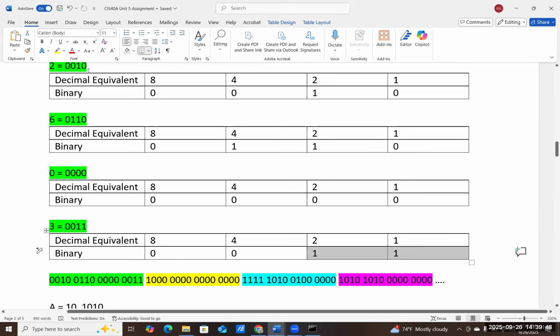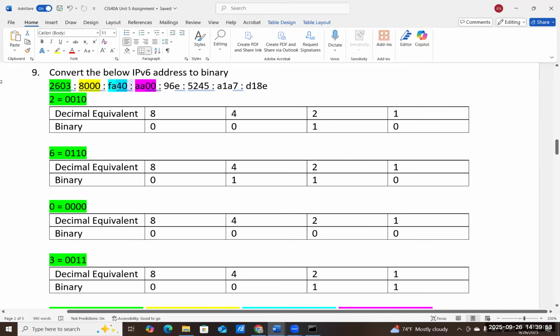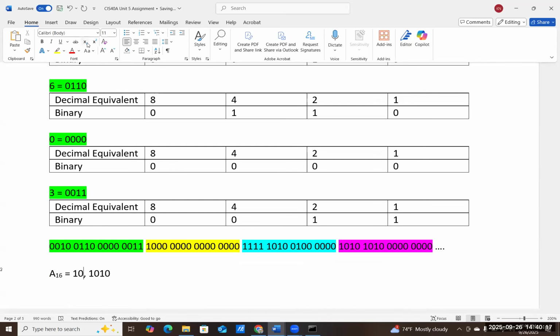All right, let's try the letter A here, or the F. We already talked about the F, where all the bits are on, because that's 15. The letter A is 10, okay? So A in hexadecimal, which is base 16, is equivalent to 10 in base 10.